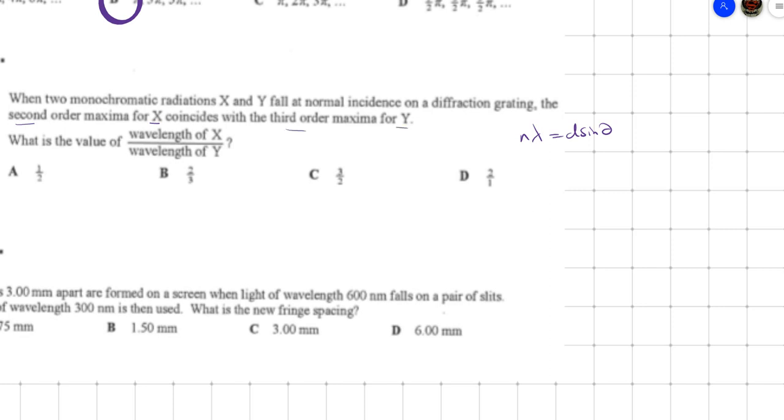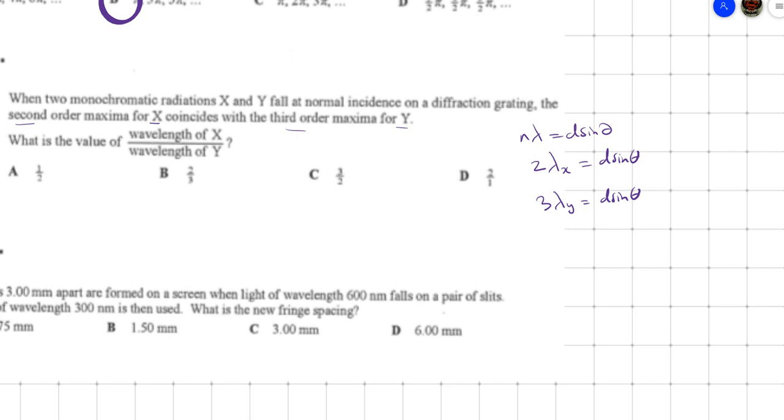When n is 2, this is the wavelength of x: 2 lambda x equal to d sine theta. And when n is 3, same equation: 3 lambda y is equal to d sine theta.